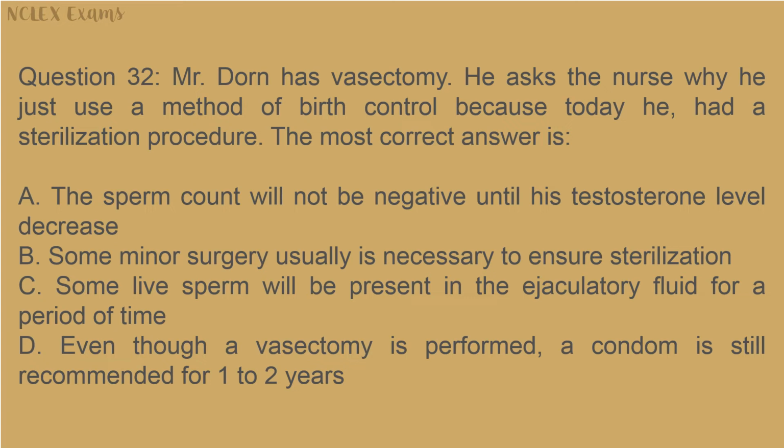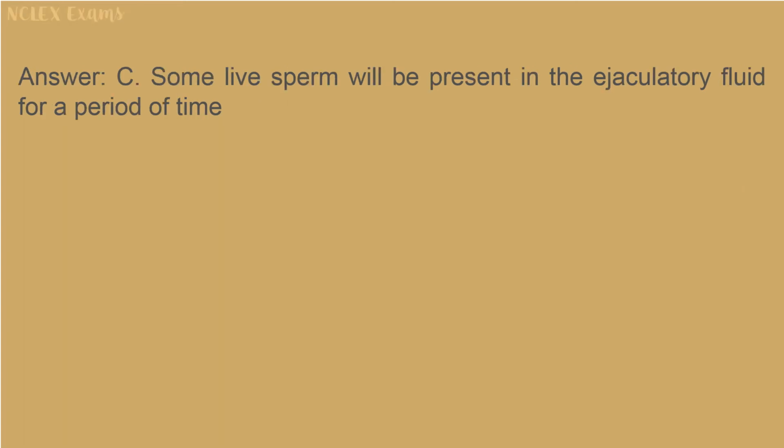C. Some live sperm will be present in the ejaculatory fluid for a period of time. D. Even though a vasectomy is performed, a condom is still recommended for 1 to 2 years. Answer: C. Some live sperm will be present in the ejaculatory fluid for a period of time.